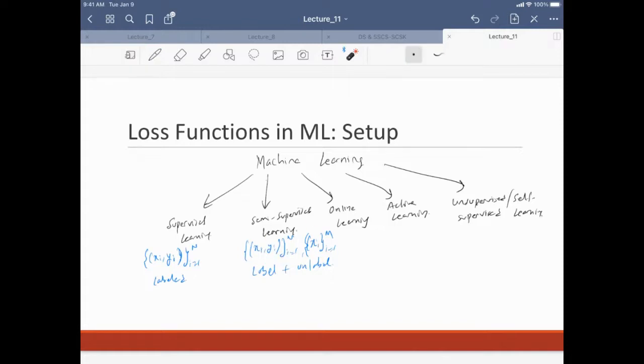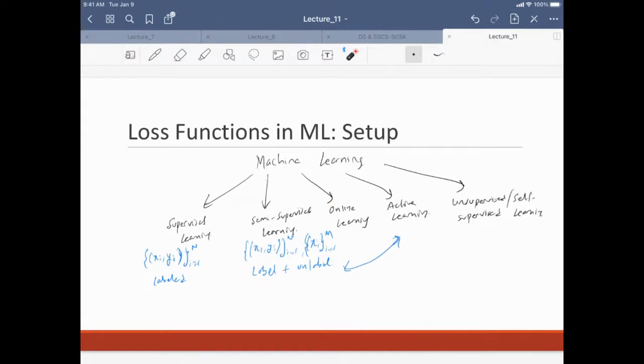Active learning has a similar flavor, just that you are actively selecting points to label. We'll look at some of the optimization problems involved in active learning in a little bit.